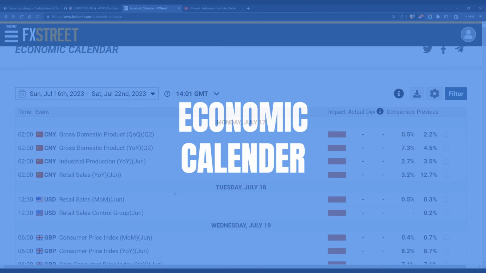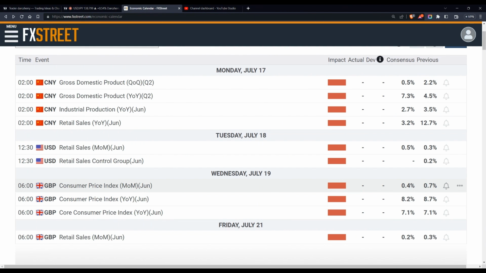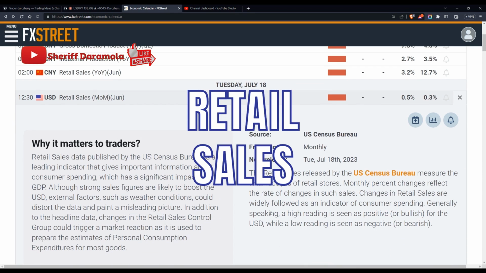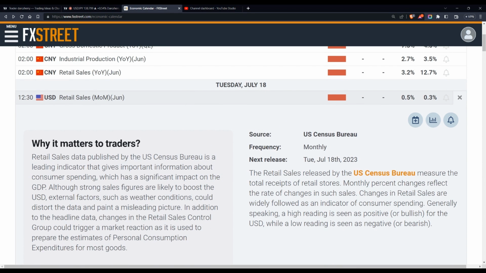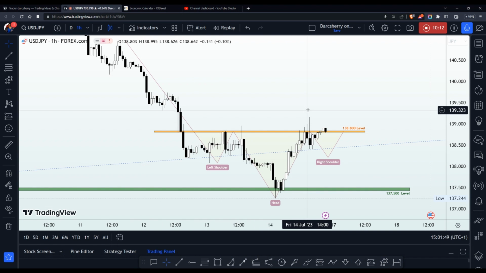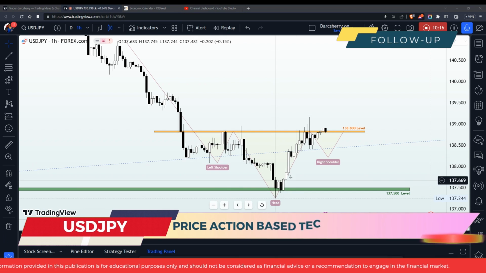And right here on the economic calendar, we only have a high impact event coming from the US economic docket on Tuesday, July 18th, and that is the retail sales, which, of course, is an indicator which shows the consumer spending in the United Kingdom, another very impactful event that everyone in the market will be looking forward to.